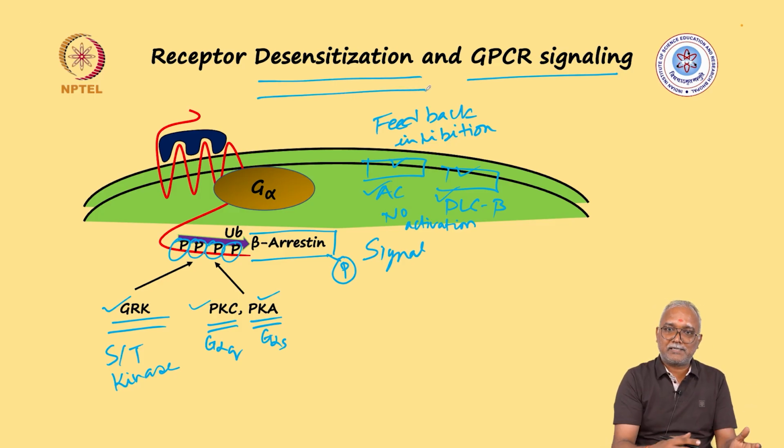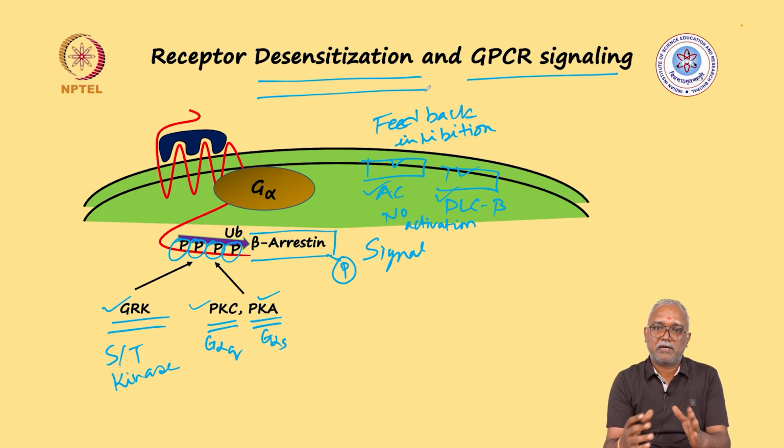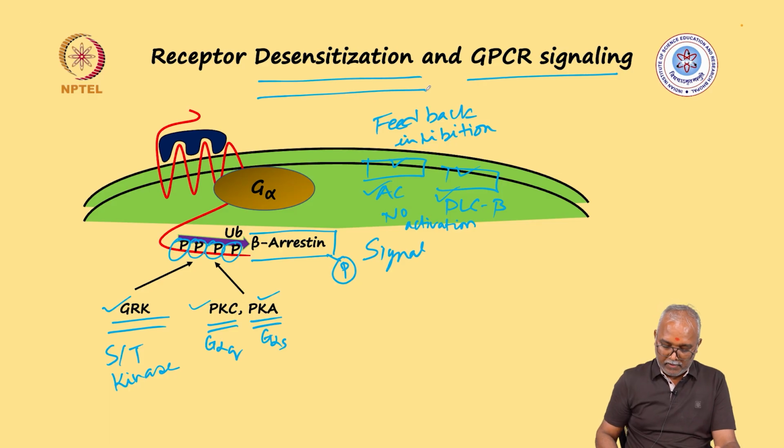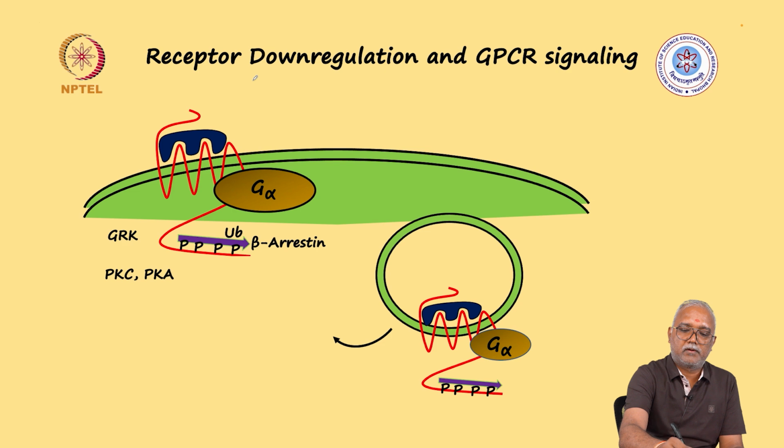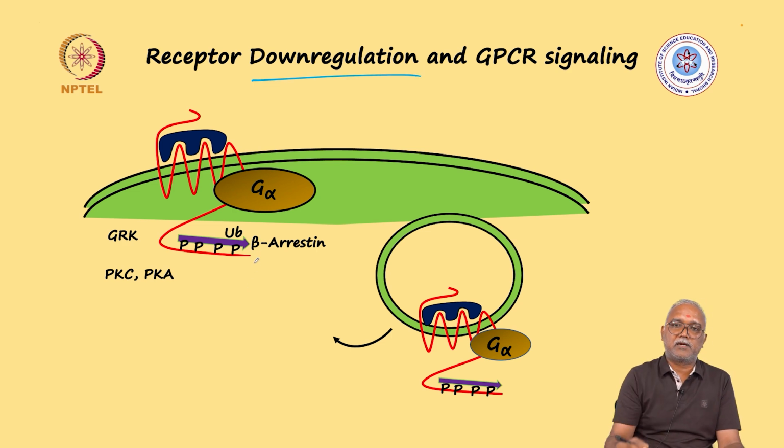Now, once this desensitization has happened, things should move forward to ensure that signaling completely ceases to happen. And for that, what happens is called downregulation, because there is a chance that this may be reversed and signaling continues.